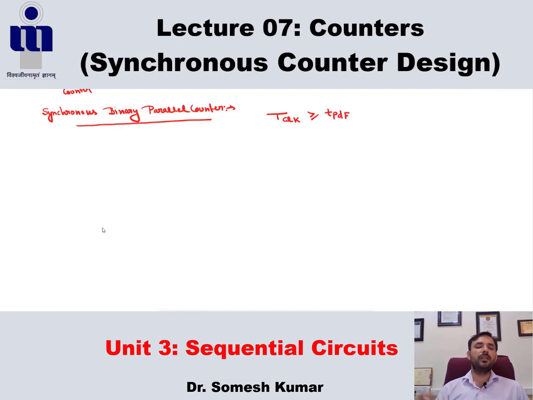Fine. So basically in the synchronous binary parallel counter, some other gates are used for the operation. First we will draw the diagram of the synchronous binary parallel counter, then we will study its working.